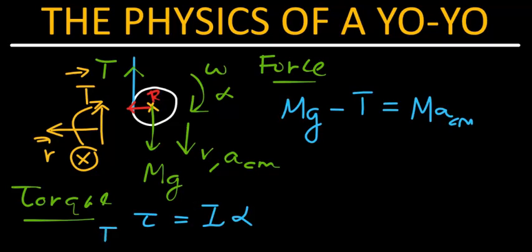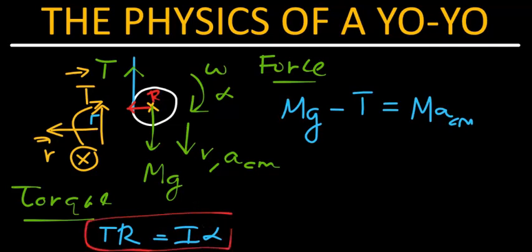So let's write down the expression for the torque. It is tension times radius. The angle between them is 90 degrees, so sine 90 is 1, so you don't have any other things besides T and r. The right hand side is the moment of inertia of that disk about an axis passing through the center of mass, times the angular acceleration. And that's it. This is the torque equation.